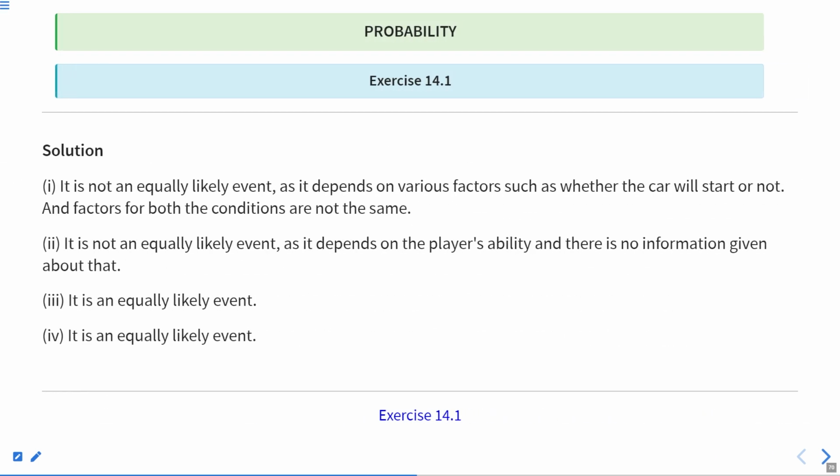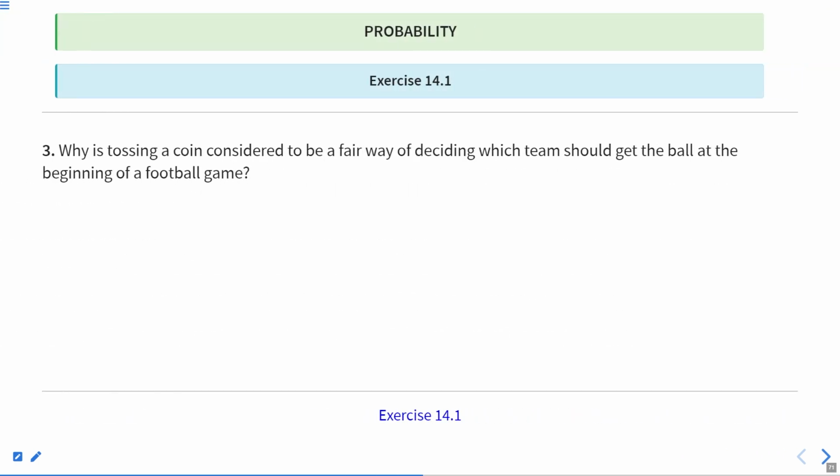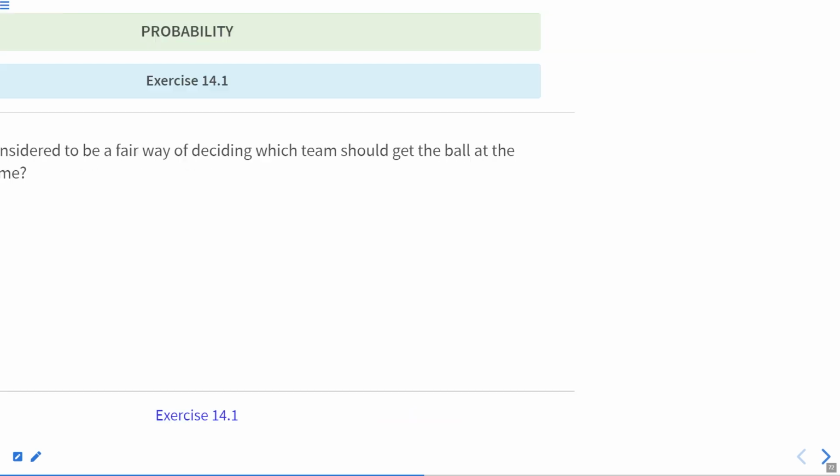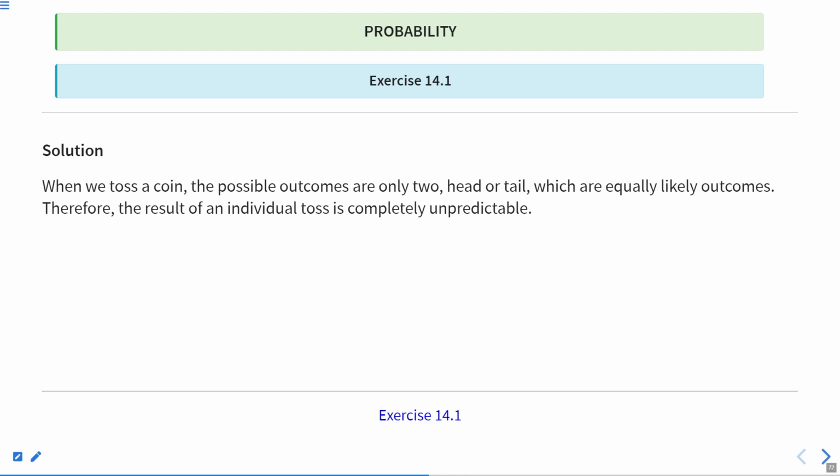And now let us move to the next problem. Here we have: why is tossing a coin considered to be a fair way of deciding which team should get the ball at the beginning of a football game? Okay, this is the question. Let us see the answer.